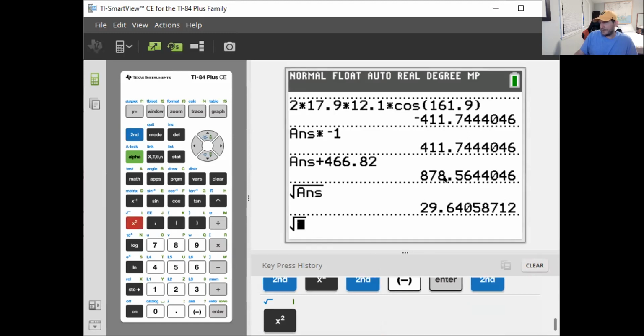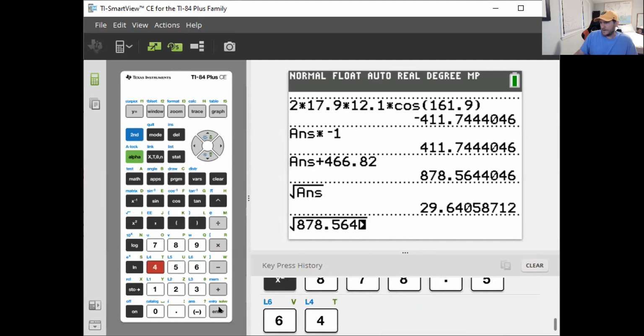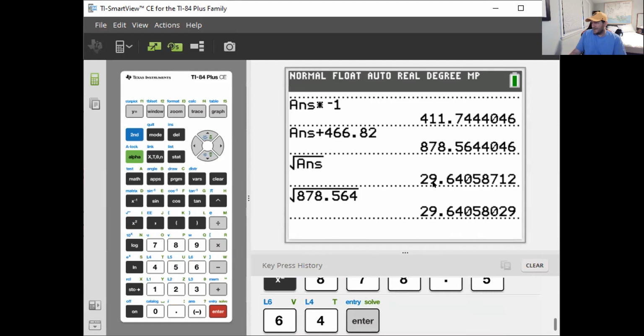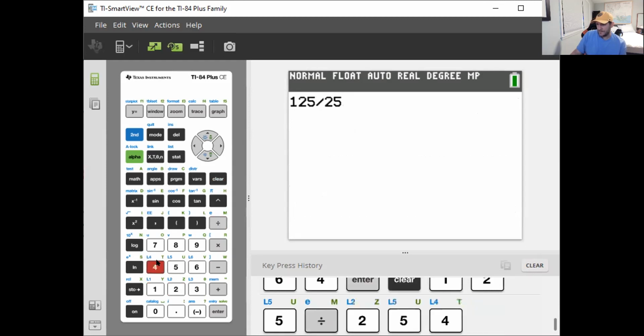So why am I being so adamant that you use the answer thing? Well, what if I tried to take the square root and I just typed in the 878.564? This may come out okay. Actually, yeah, okay. This is not the best example, but there are certainly times when, even if you use 3 decimal places, you get an answer that's significantly off from what you would have gotten if you use all the decimal places. Square roots, I guess, are a little more forgiving, but the big one is inverse trig, okay? So for example, 125 divided by 2,547.